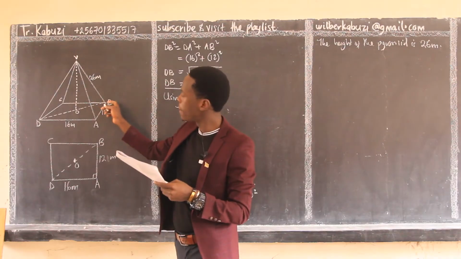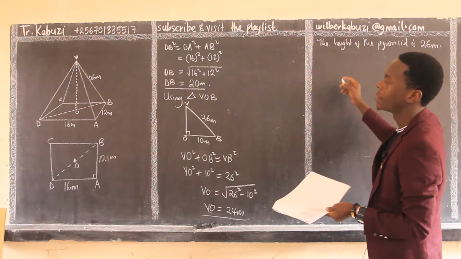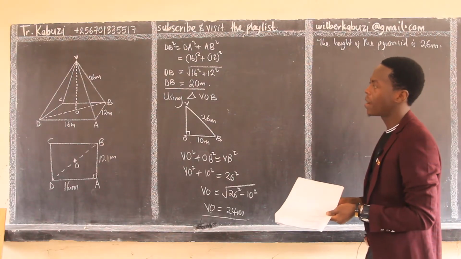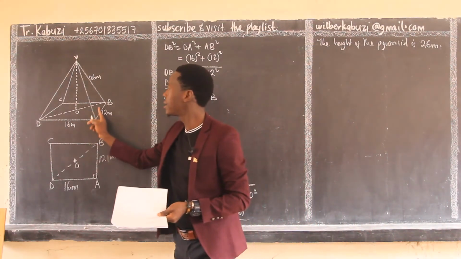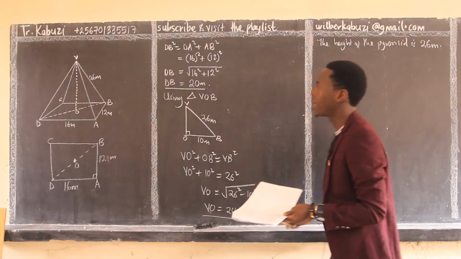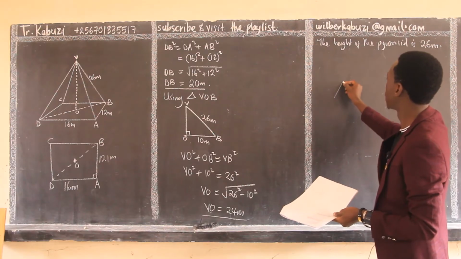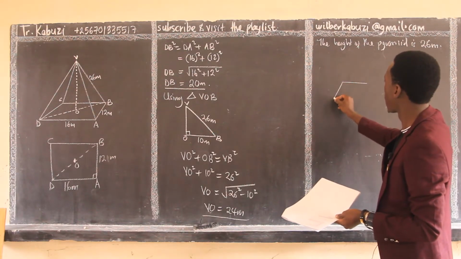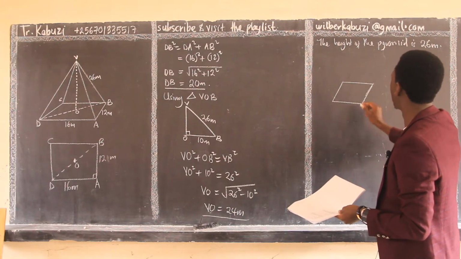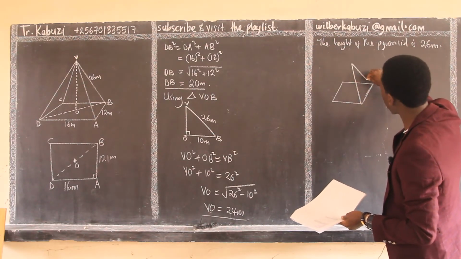A, V, B and the base. So you can extract it out clearly. If I want to get the angle between the base and this one, I'm just going to get the angle between this line and that one there. Let me first extract it out here.